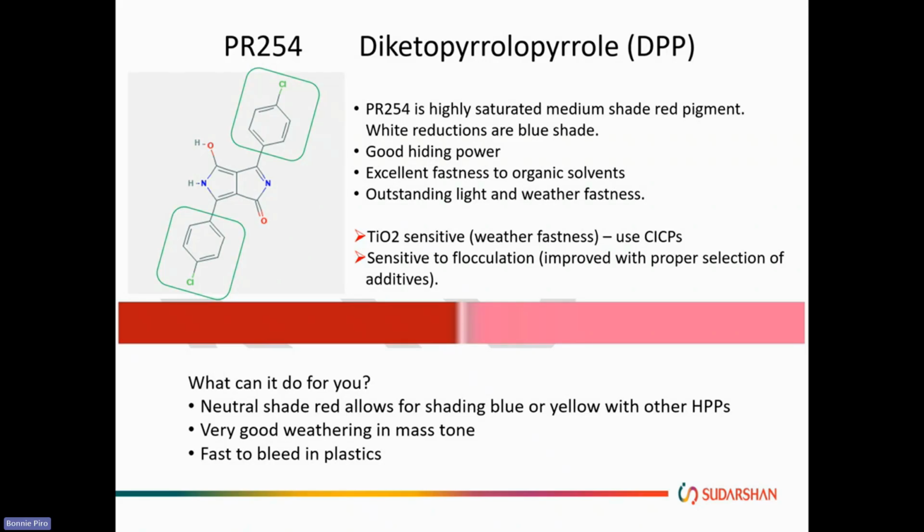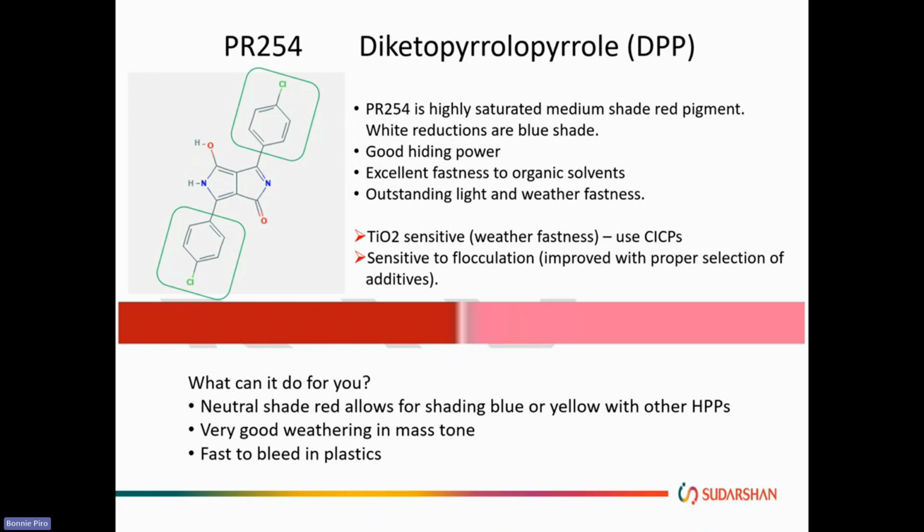In other areas, especially on the water-based coating side, this type of chemistry can be sensitive to flocculation. So it's important to make sure that the proper dispersant and additives are chosen for that particular formulation, to be able to keep that one in suspension, from a dispersion stability perspective.